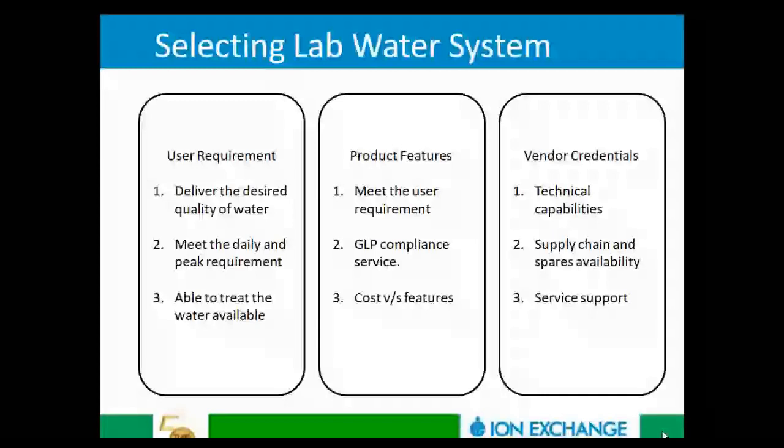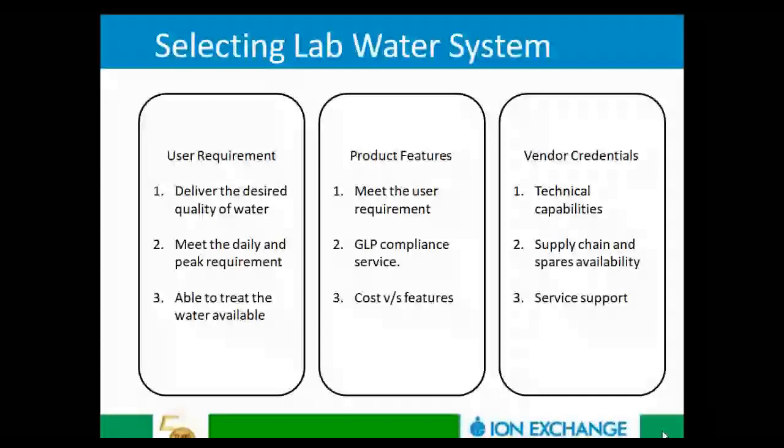With respect to the water purification system, the user has to define the product which he is going to select. Will it deliver the desired water quality for his various applications? Second, will the product flow rate meet his daily and peak requirement?